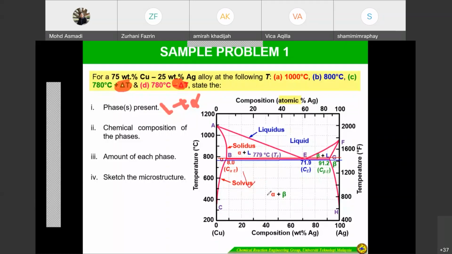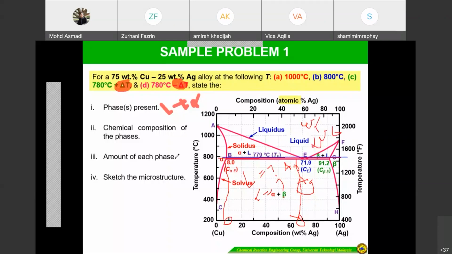How much argentum for the liquid? How much argentum for the alpha? So just read from here, this one and also this one. You can read here. So liquid and alpha, and then compositions, you calculate W alpha and WL.